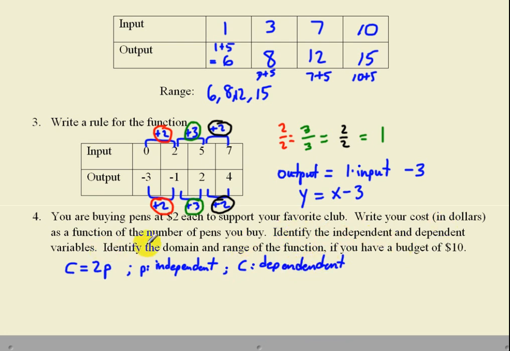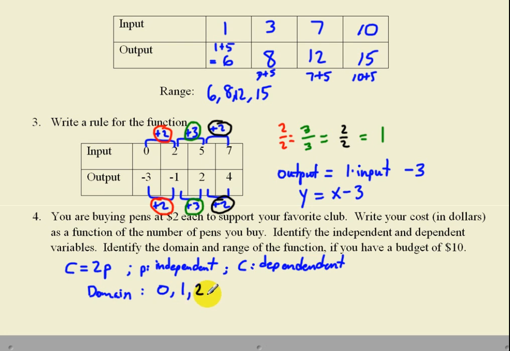And then identify the domain and the range of the function if you have a budget of $10. So for the domain, how many pens can we buy? Well, we could buy 0 pens. We could decide we just don't want to buy anything today. We could buy 1 pen.